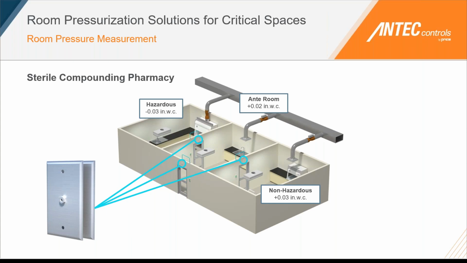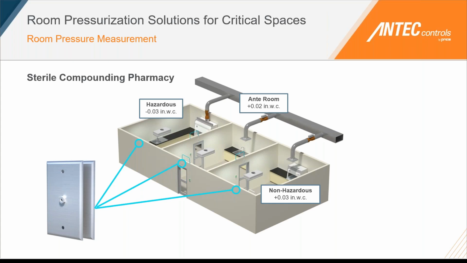If instead we don't want to measure pressure in this way, which we call a compound in a cascade way, we can instead have those pressure transducers measure the room pressure and then come back to a common reference. So in this case, we now have all three pressure transducers measure the pressure in reference to a common corridor.